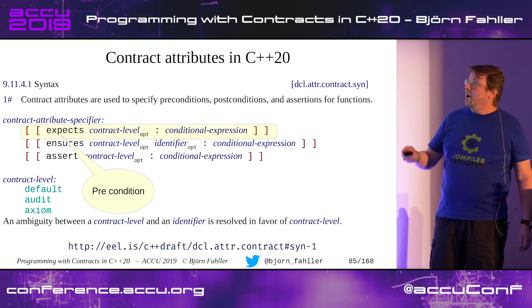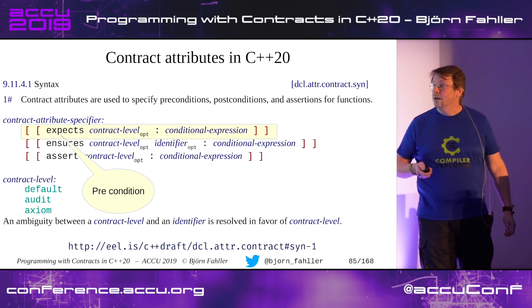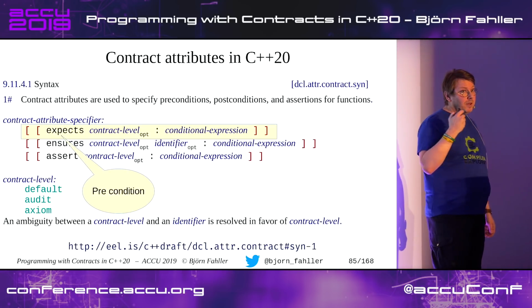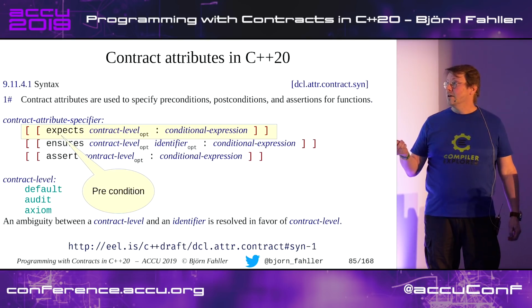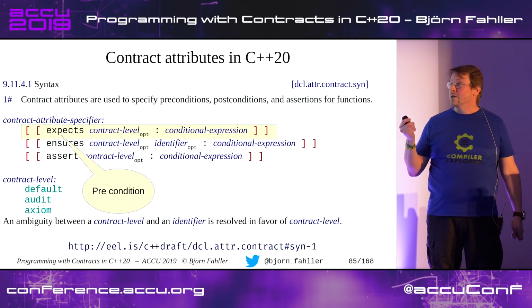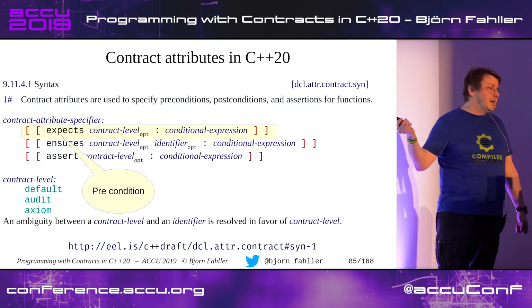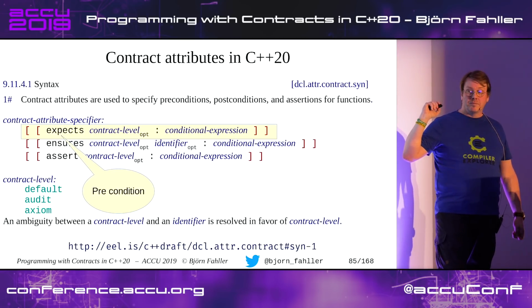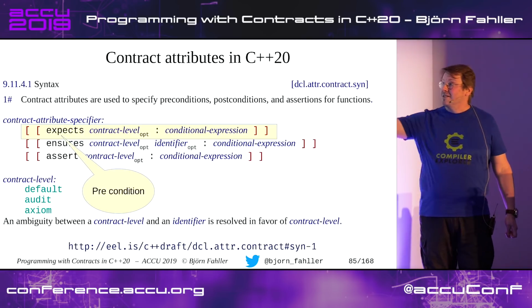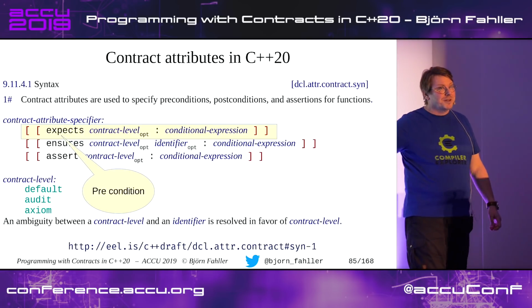And we see that we have expects, that is a precondition. I understand that at the last standardization meeting, it was voted in a name change to make this pre. But as of this morning, the draft standard still said expects, so I'm sticking to that.